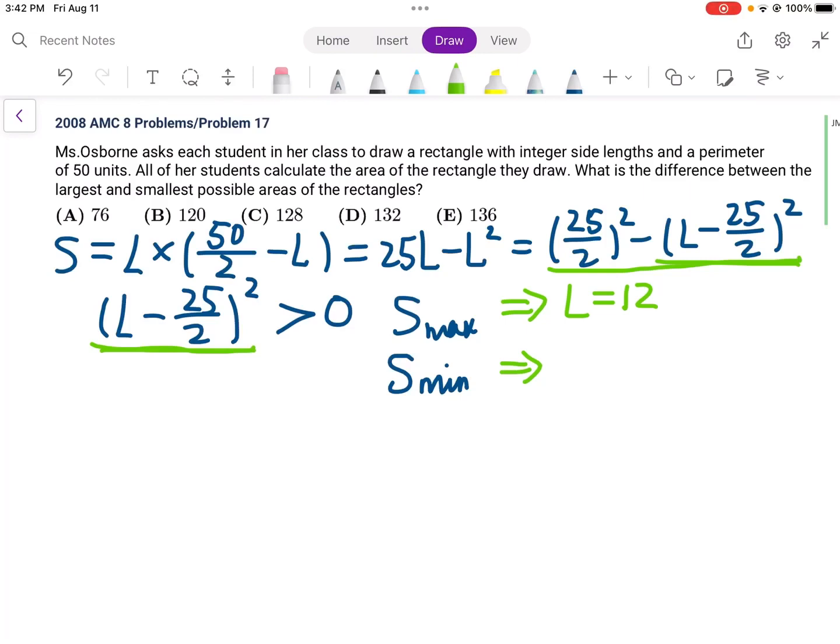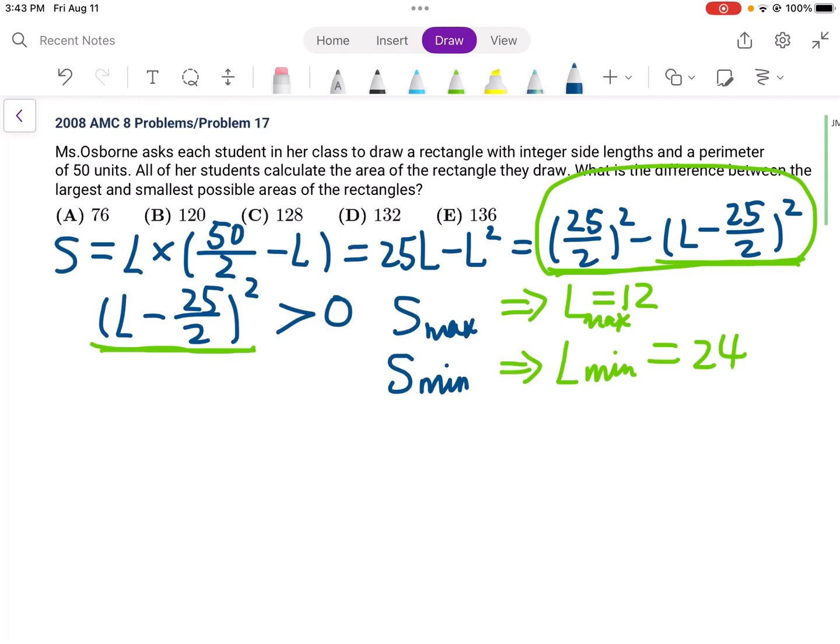So in that case, this is when the area is max, this is when the area is minimum. L minimum should be 24. Now let's substitute L max and L min to the formula here.